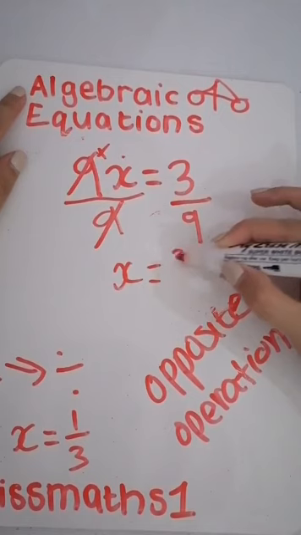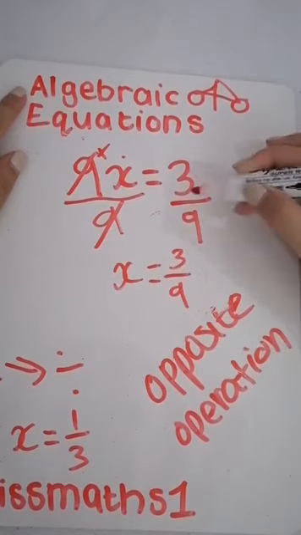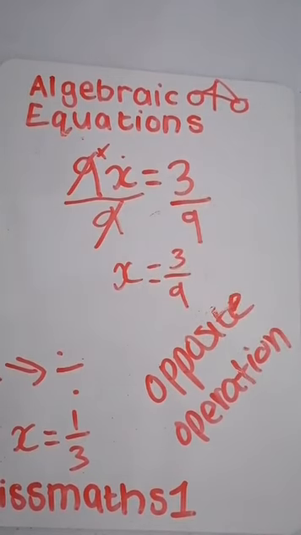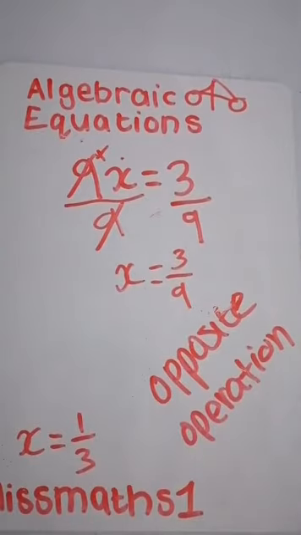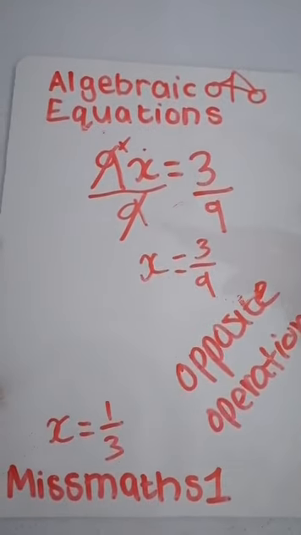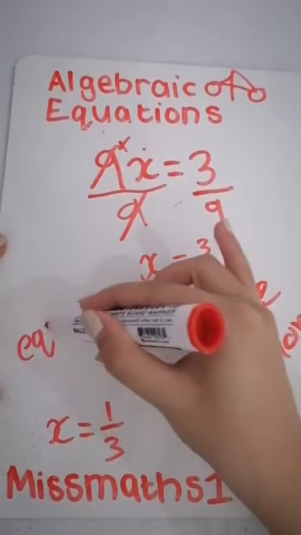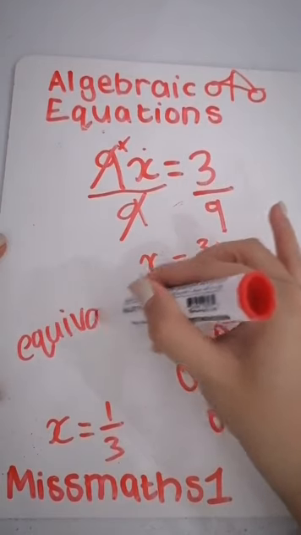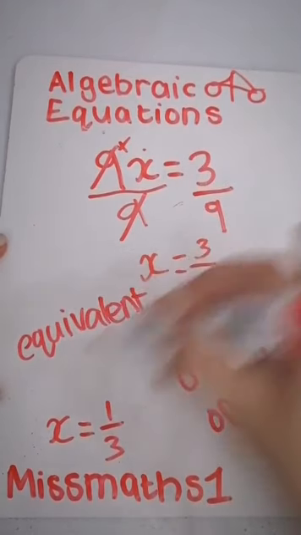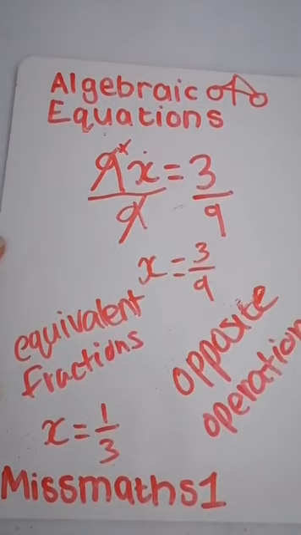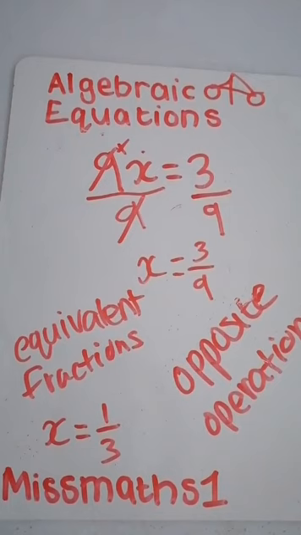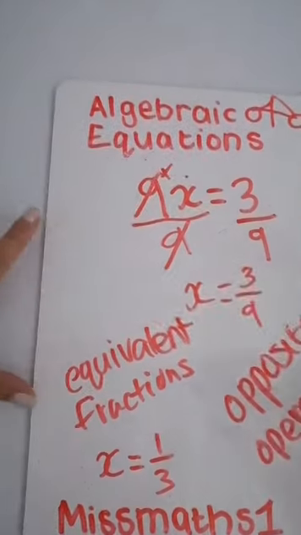Okay, now guys, I want you to see this. So far, we've got 3 over 9. Now, this is bringing us back to something you also do in another section. It's called equivalent fractions. I'm just going to write it over here for you guys. Okay, so this is going to bring us to equivalent fractions. Now, think of it like this, guys. This is actually really fun and really interesting.